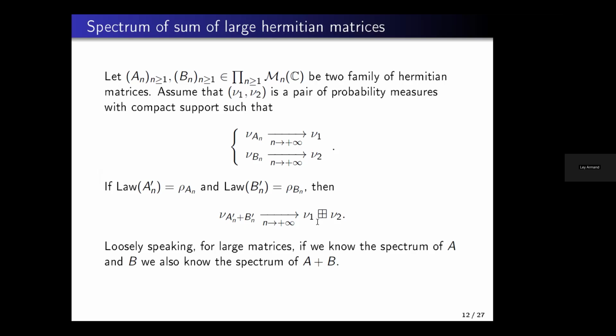Because we said already that the free convolution of ν_1 and ν_2 does just depend on ν_1 and ν_2. Okay, so this is a quite surprising result, at least for me, and I hope it motivated you to appreciate the free probability construction.